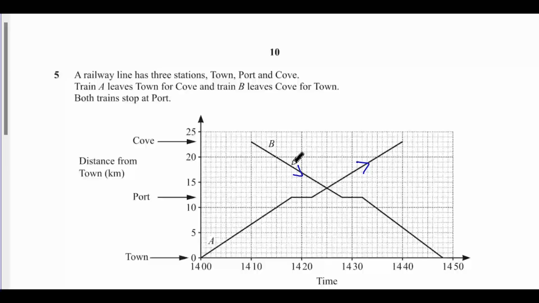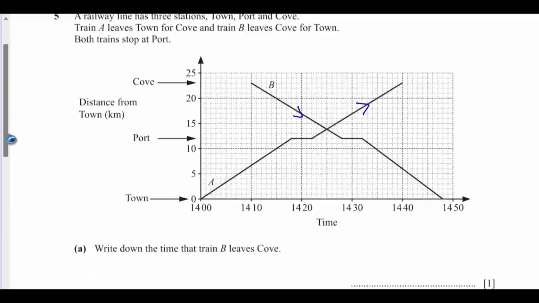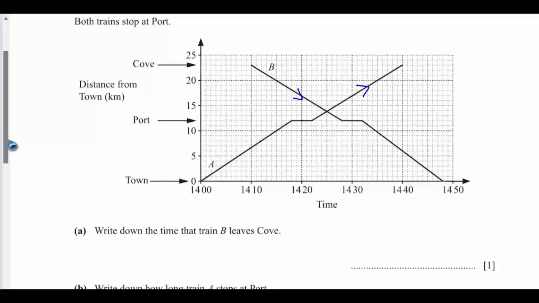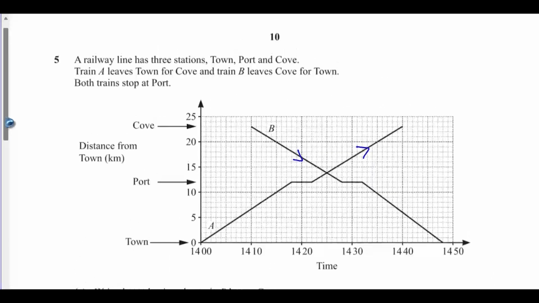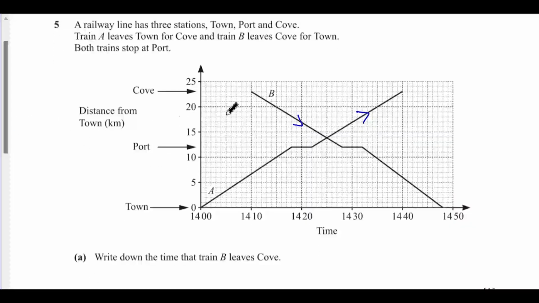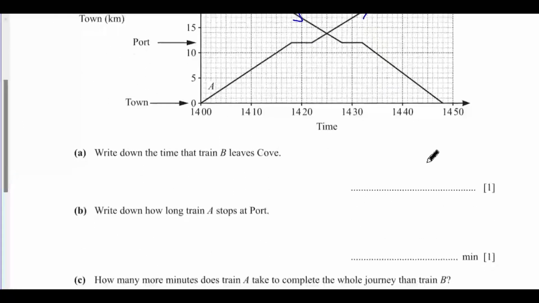Fine. Okay, so question A, write down the time that train B leaves cove. Okay, so if you look at it here, train B is here, trace it down, that is 1410. So scroll down, that is 1410. Part B, write down how long train A stops at port.